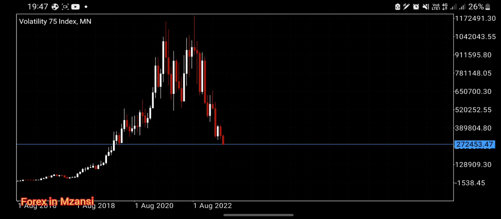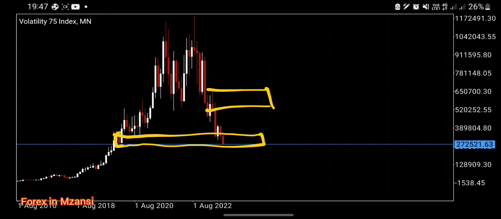So when you check the key structures on your monthly, you will say that the price is inside an area of support, which is this one here. We haven't broken it. And in terms of the resistance, this is our next area of resistance. So those are the key structures, the support and resistance areas, the sensitive areas on this chart. It's the one here and the one above, right?